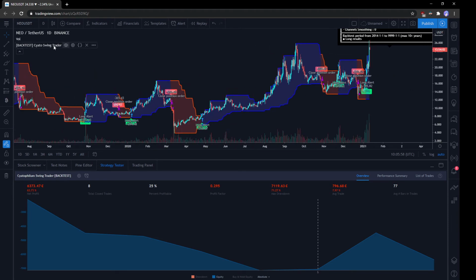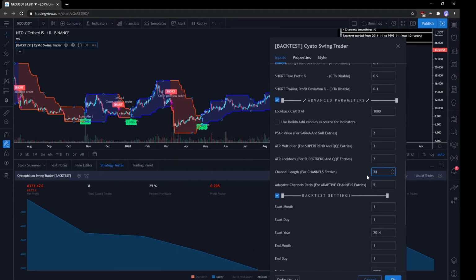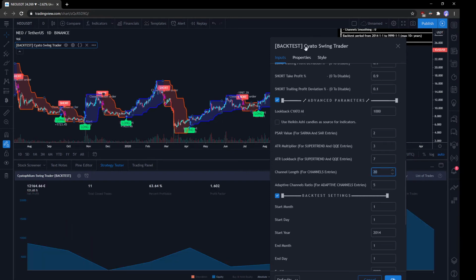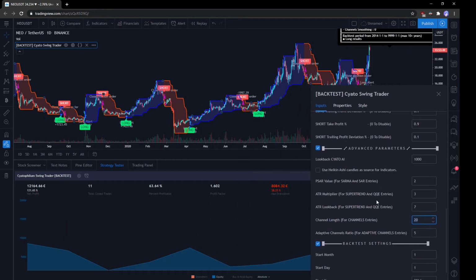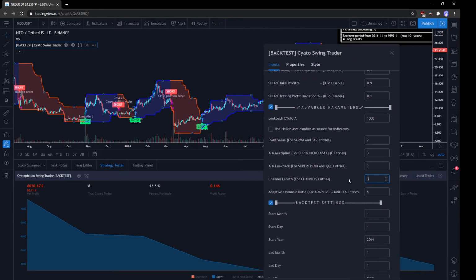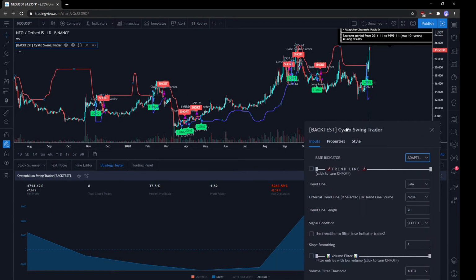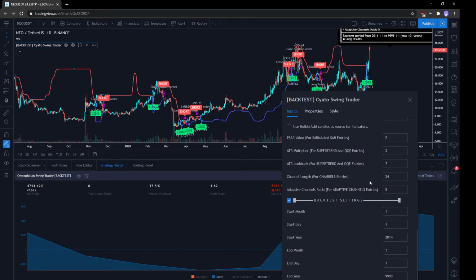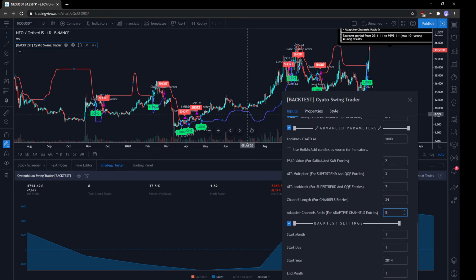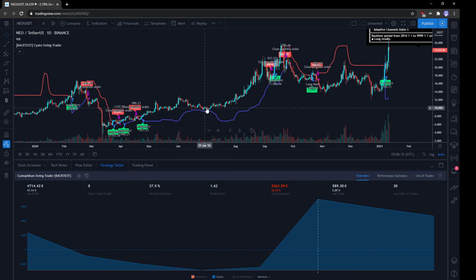Those are the Donchian channels. They look like this. You have a fixed length here that you can configure, so for example, if I change it, it will change the width of the channels. The idea of the adaptive channels is that the length is automatically calculated, and we just have a ratio to configure the speed at which the channels are adapting.